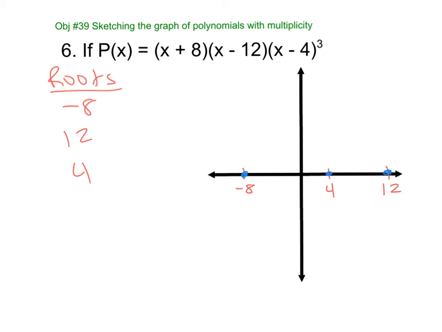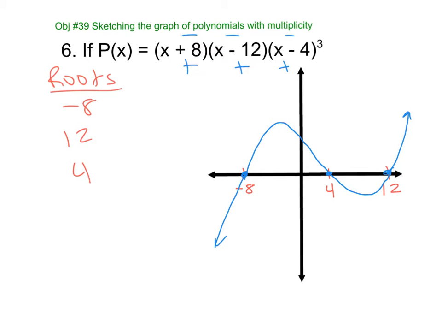As x is going to positive infinity, I don't have any negatives, right? So plus, plus, plus, so we're going up. As we're going to negative infinity, we get a negative, a negative, a negative, so it's down. So we want to just have the graph look like this.